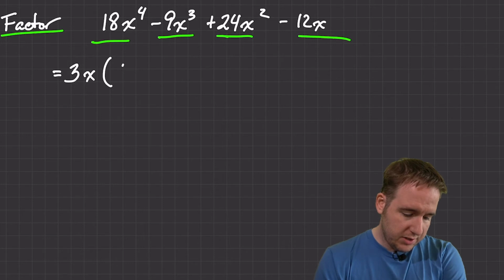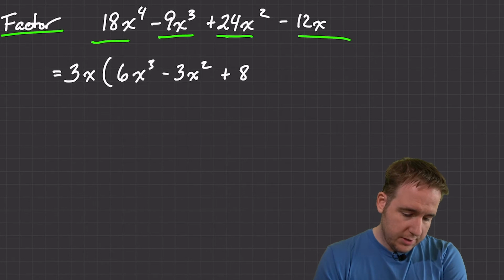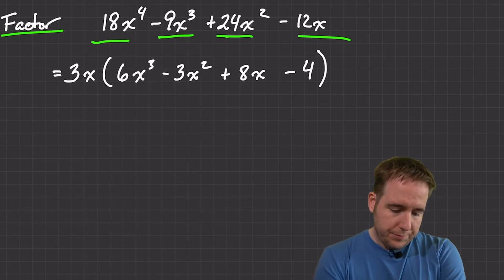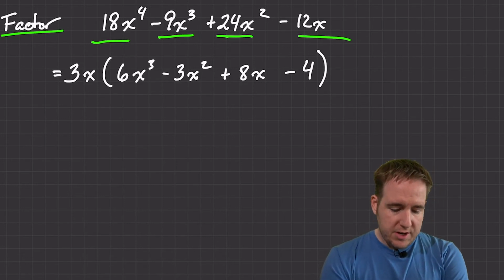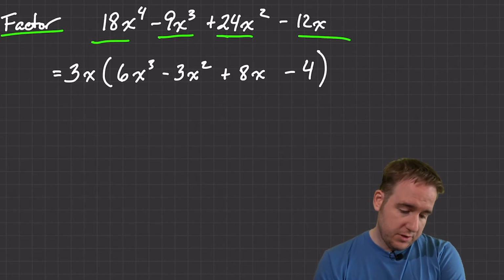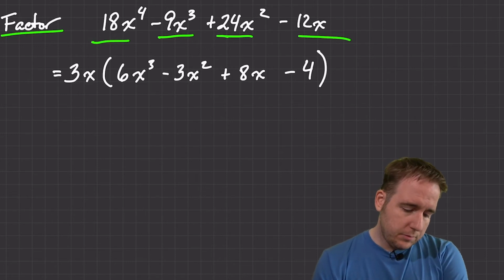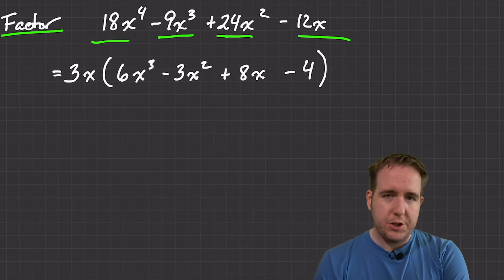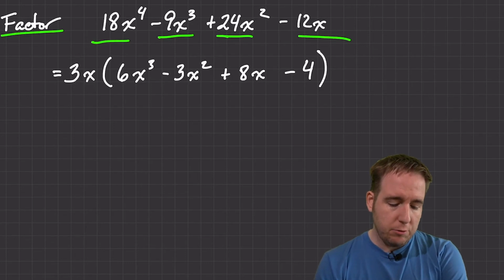So 6x cubed minus 3x squared plus 8x minus 4. Okay, this has nothing left in common because I'm going to take a shot that this can be done by grouping.